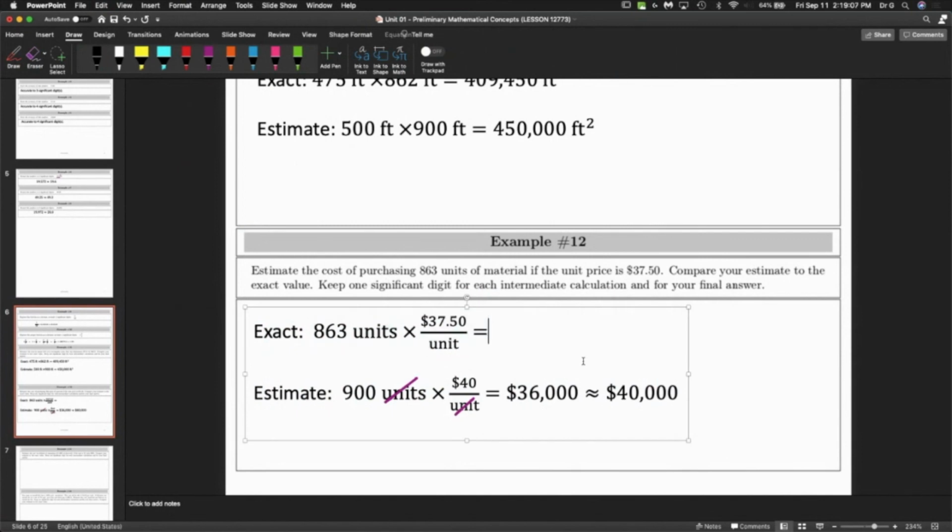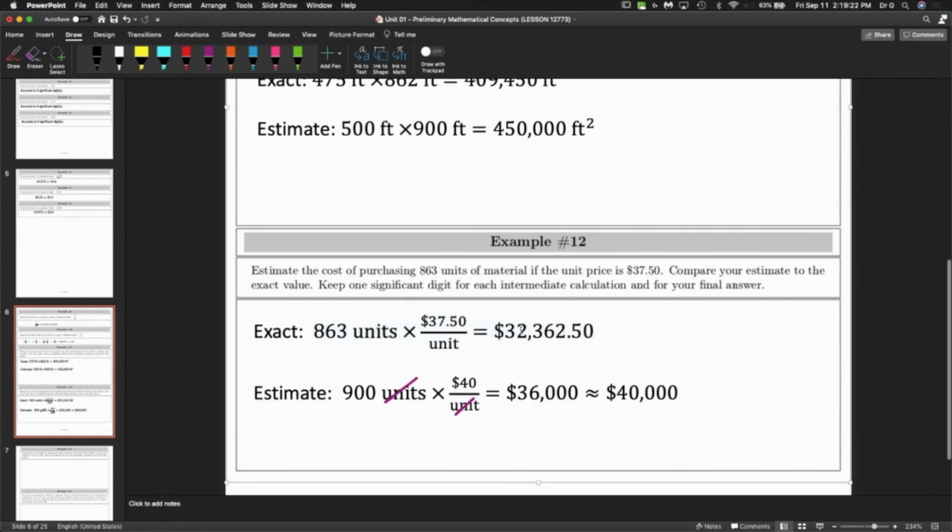Okay, now let's get the exact answer. If someone's got that, please hook me up with an answer. 32,000-ish. I didn't do that in my head. But you can see here that this answer is pretty close to this answer.